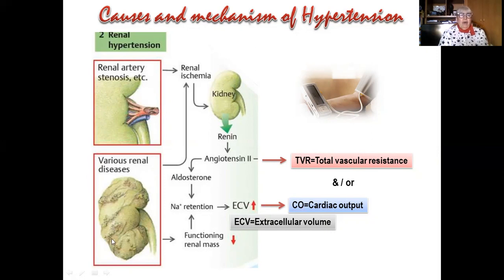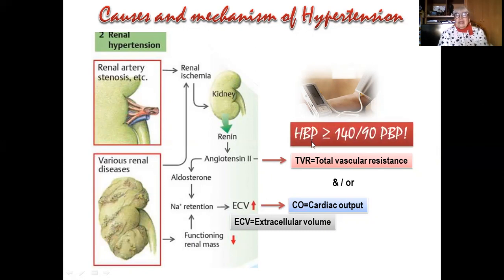Another type is various renal diseases, where functional renal mass loss leads to the retention of sodium, and the same disorders provoke the others. You have to know that we diagnose high blood pressure syndrome when the systolic blood pressure is equal to or more than 140 or diastolic 90 or more millimeters of mercury.